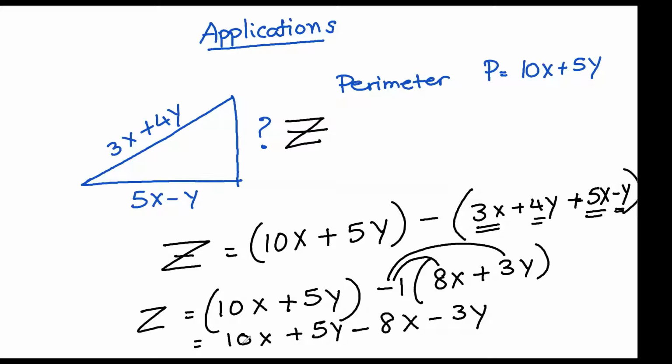So now combine the like terms. So 10x minus 8x, that's going to be 2x, plus 5y minus 3y, so that's going to be plus 2y. So the third side of this triangle is 2x plus 2y.